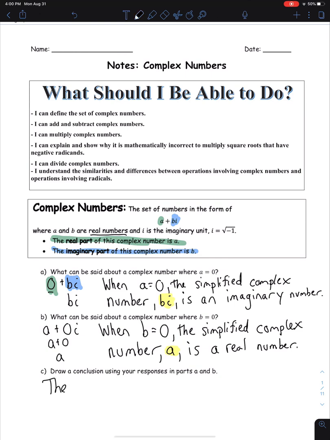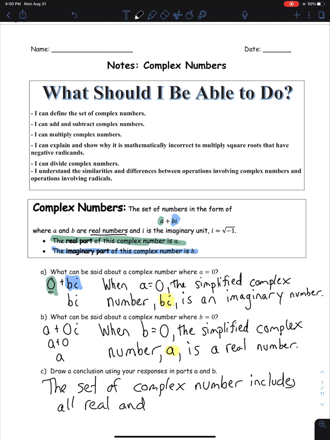The set of complex numbers includes all real and imaginary numbers. So every single number that's real and every single number that's imaginary is a complex number.